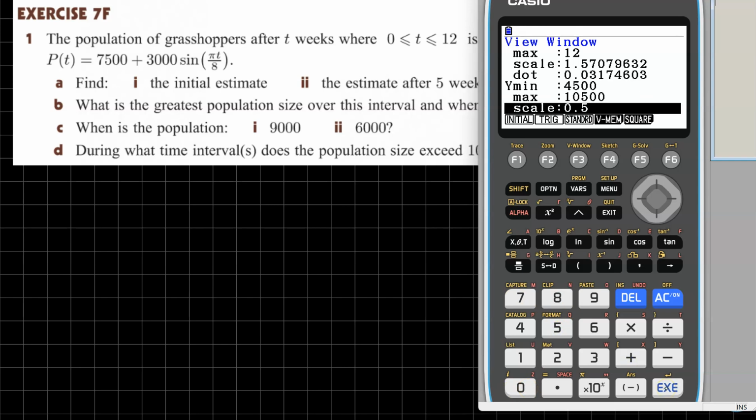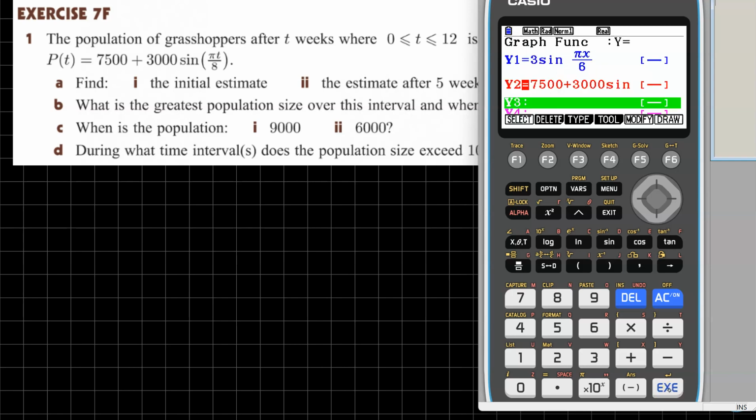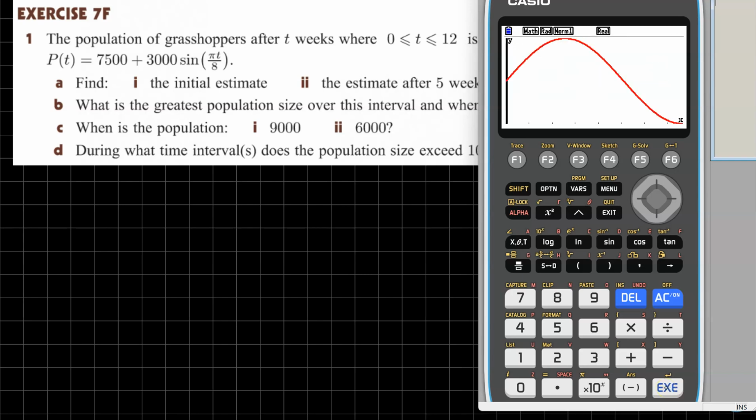Okay, Aiden might want to look at that and go, do you know what? I want a buffer. I'm going to round the 4,500 to 4,000. I'm going to put the 10,500 to 11,000. Your call. But if you left it at minus 3 and 3, you're not going to see anything. All right, press enter. If it says invalid, you have typed something in that it doesn't like.